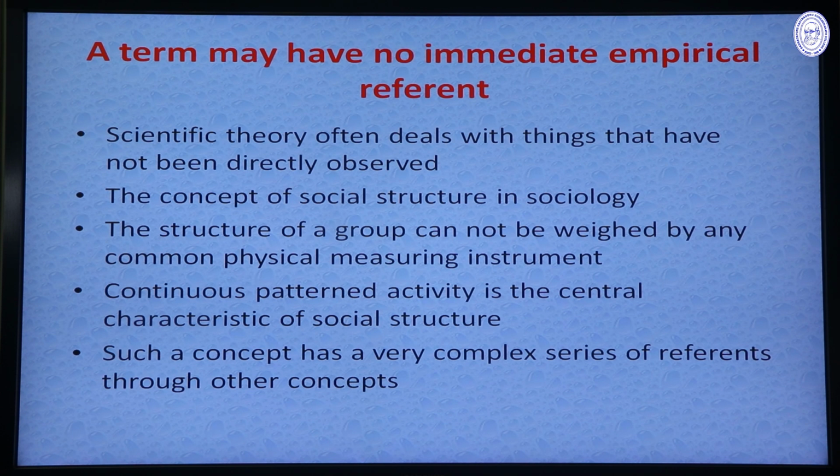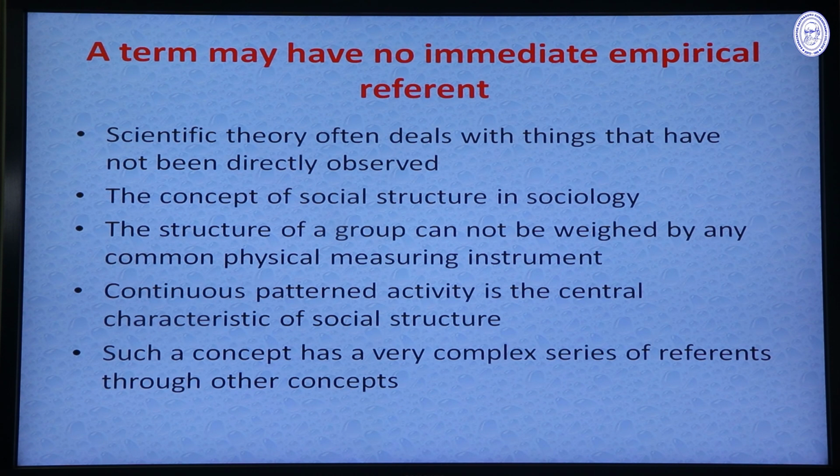That might well happen. Scientific theory often deals with things that have not been directly observed. So, often there are a plethora of theories in science which deal with things which we cannot directly observe. So many things are there which we cannot directly observe, but that does not mean that things do not exist. The concept of social structure in sociology is like this.